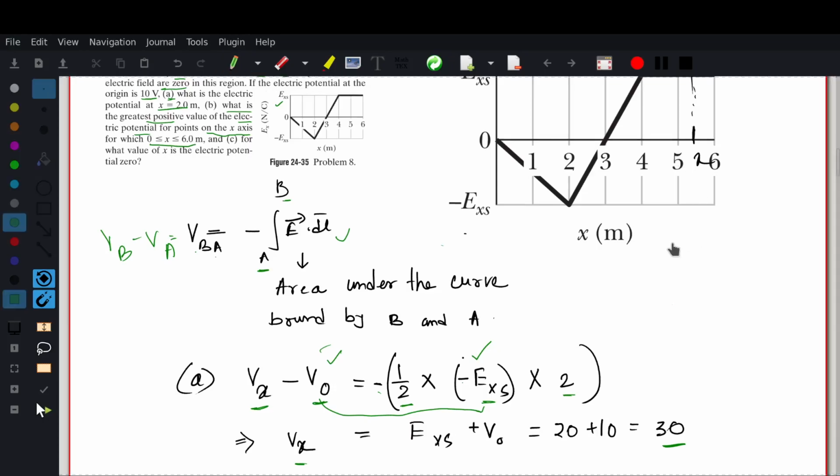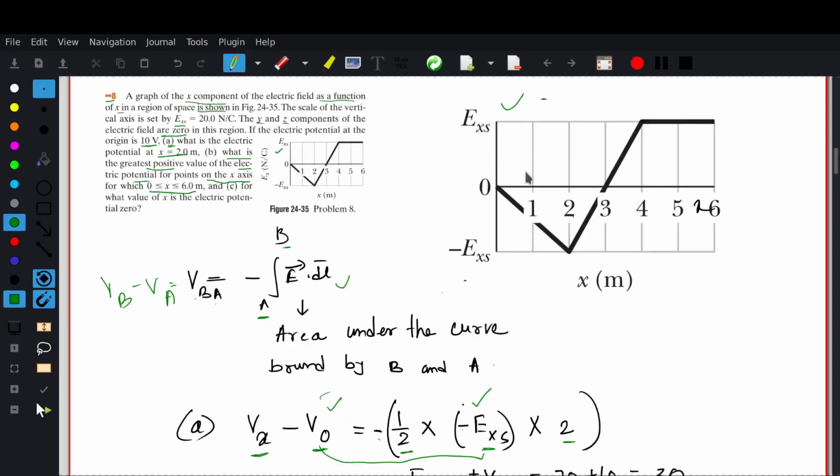Here you might notice that whenever the electric field is negative, only then will the potential be positive, because if the electric field is negative, the minus sign will be cancelled and you will get a positive result for the potential. But here the electric fields are positive, so that means this will give you some negative results for the potential.